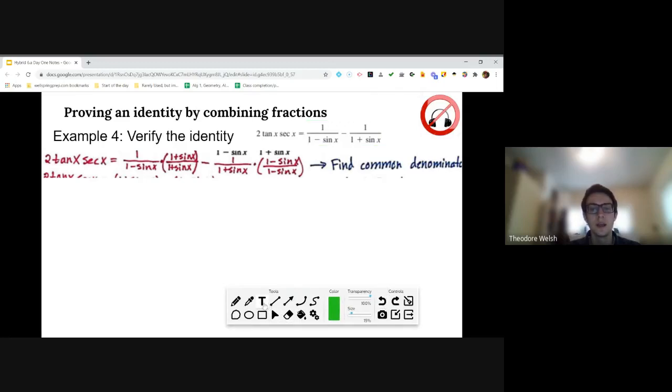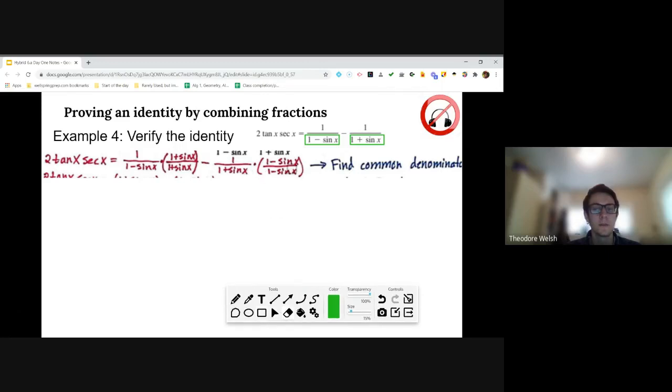I'm taking this first fraction here and multiplying it by the denominator of the other. My second fraction I'm going to multiply by the denominator of the first, so that I can get a common denominator. So that's the first step that I'm taking here, is getting a common denominator.